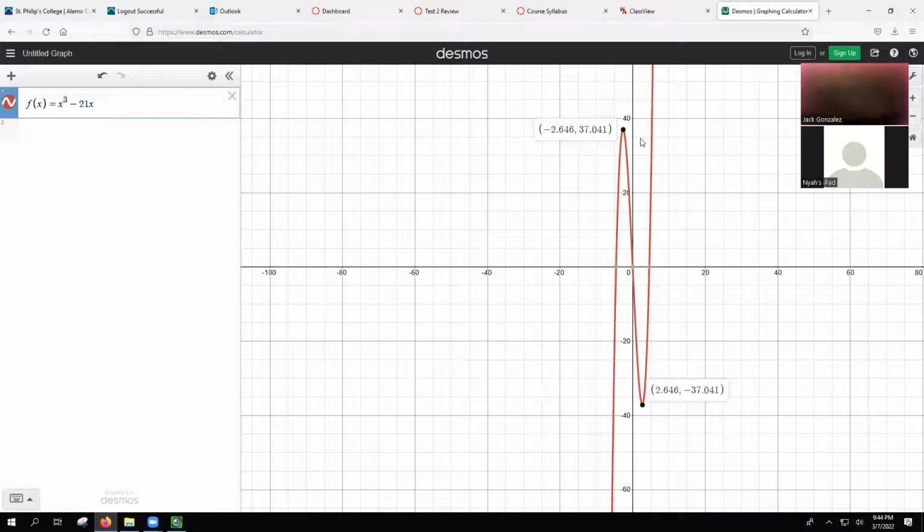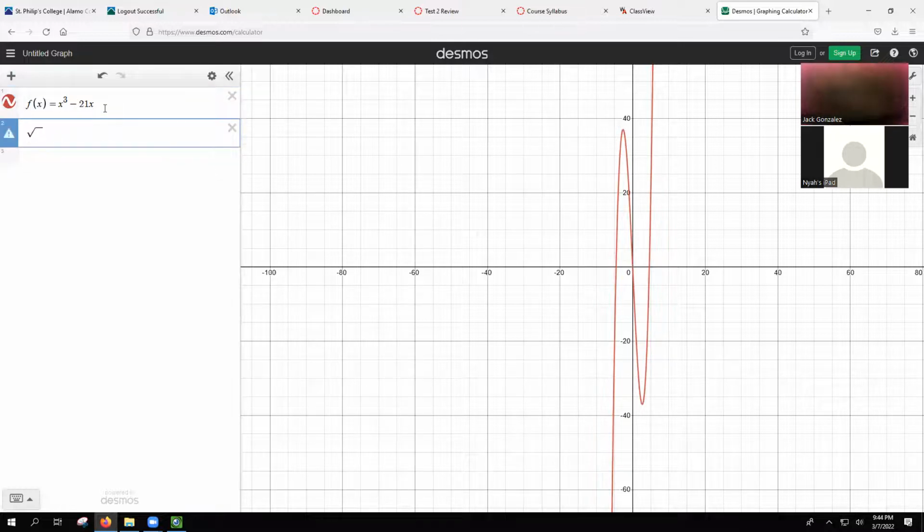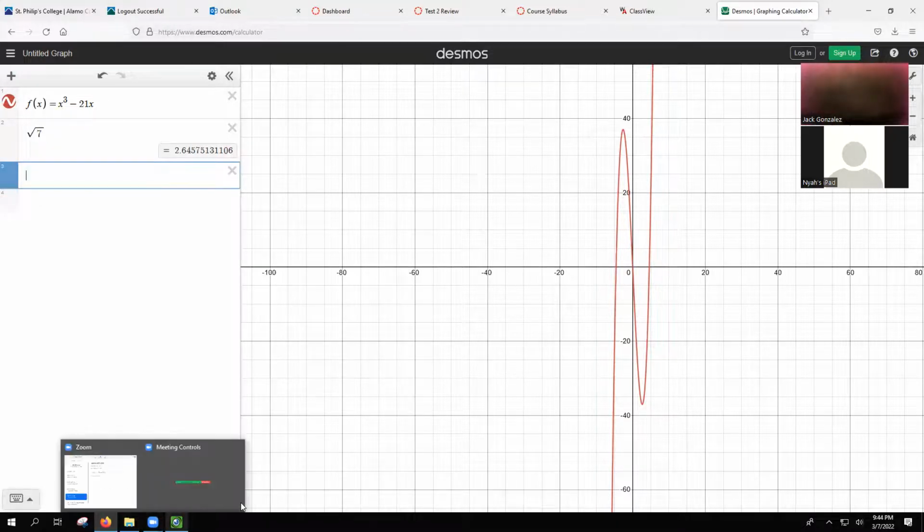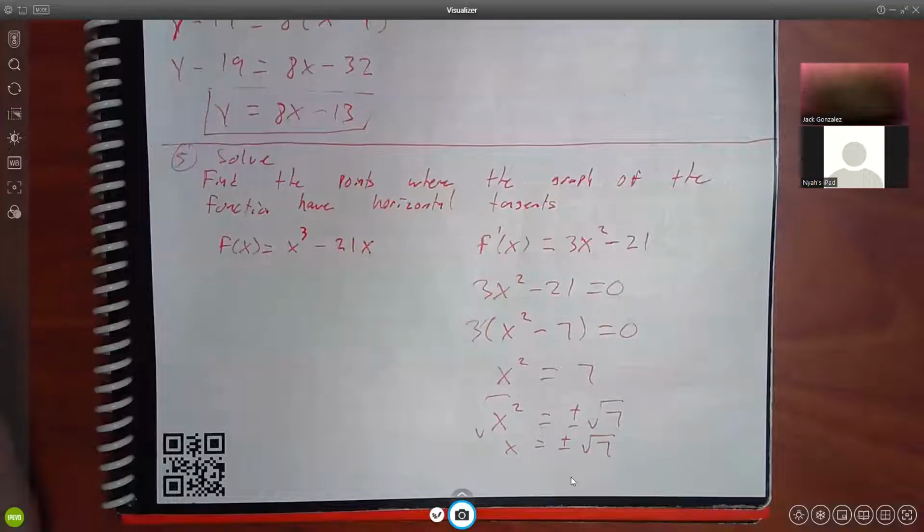Square root of 7 is 2.646. This x value is the location that we found. Find the points where the graph of the function has horizontal tangents.